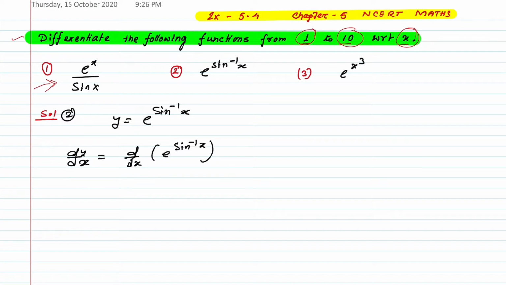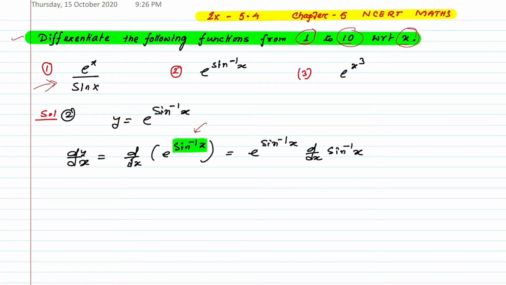Now you see, assume this is x, then derivative of e to the power x is e to the power x. So here instead of x there is sin inverse x, and then again, this is not only x, this is a function of x again. So again we have to write the derivative of sin inverse of x.